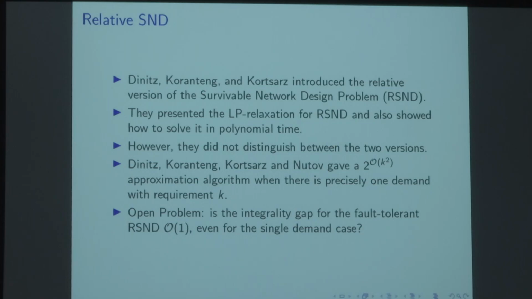Even for the single demand case, we don't know a constant approximation algorithm. Forget about constant, we don't know anything better than 2 to the power k squared. Even a log k, or a k, would be very interesting. All right, okay, so any questions till now? Okay, good.